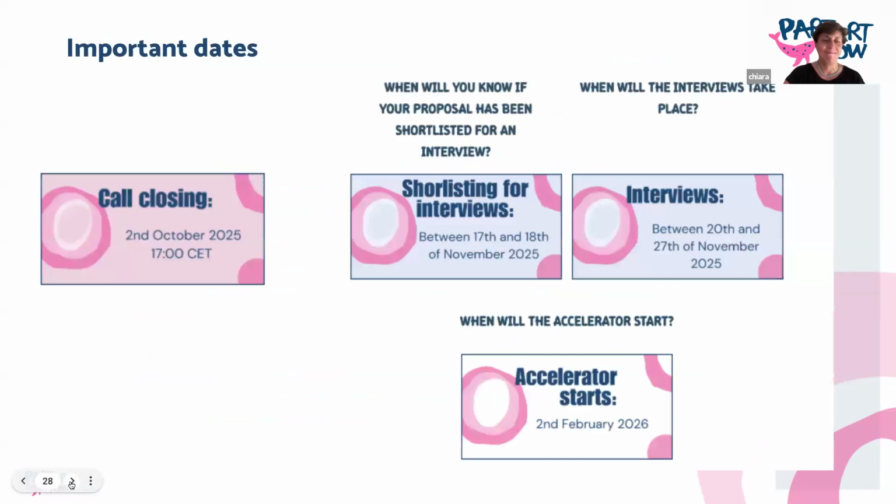Sorry, please go on. Yeah, these are the deadlines. So the call closed on the 2nd of October at 5 p.m. CET. And then you will see here on the website the timing. So when you will know if you are shortlisted for the interviews will be between the 20th and the 27th of November. Please consider that we cannot change these dates.